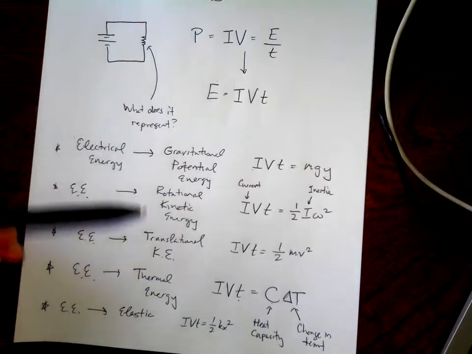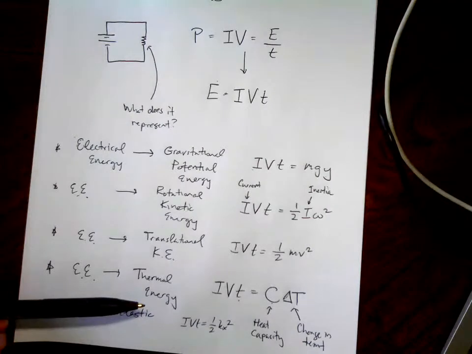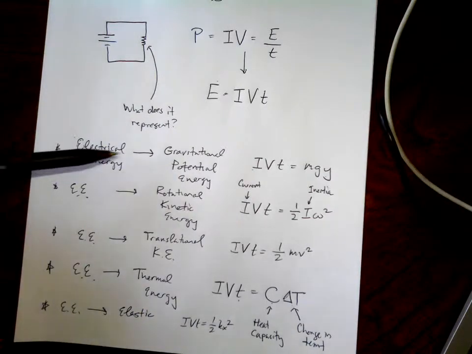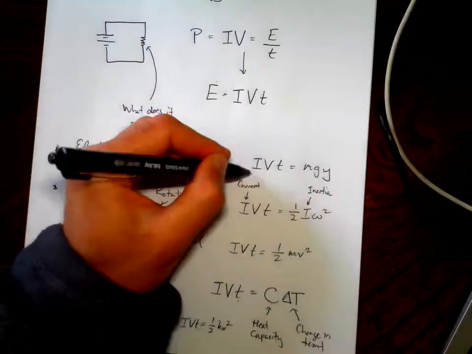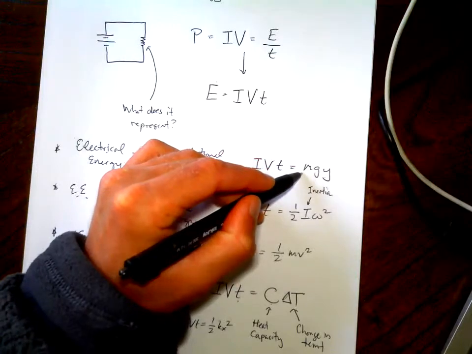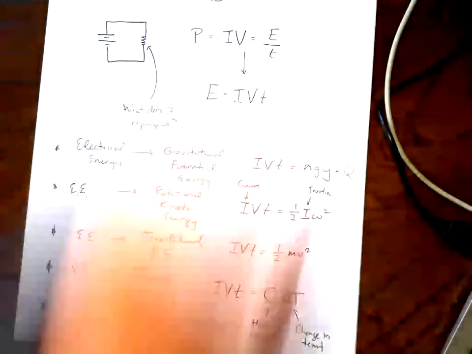Now, all of these equations are assuming that the energy conversion process is 100% efficient, which none of these are. In reality, the electrical energy is going to become the type of energy you want, and a portion of it is going to turn into heat.